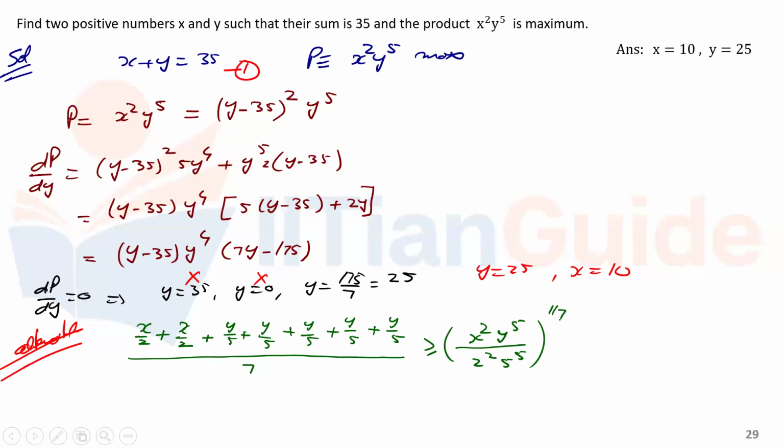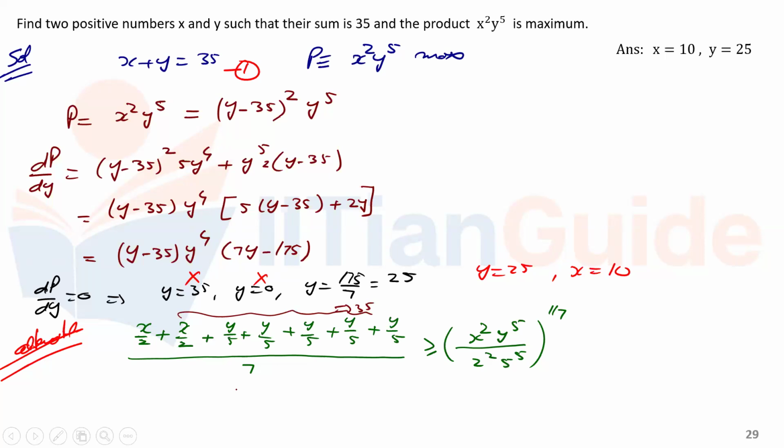Now I am writing directly. The left side, the entire x plus y, that is 35, and 35 by 7 gives 5.